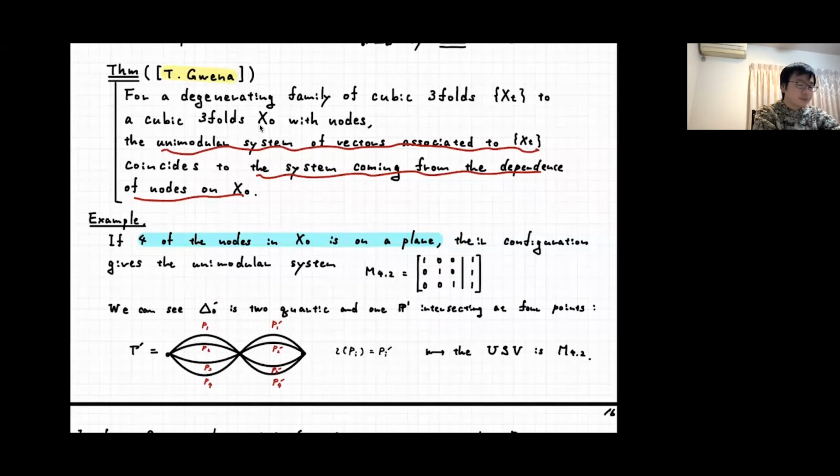But anyway, via this observation, we obtain the gamma prime we have observed in the previous example, this figure. In this case, the unimodular system corresponding to this graph is given by exactly the lattice dicing associated to this matrix. So the unimodular system is M42.